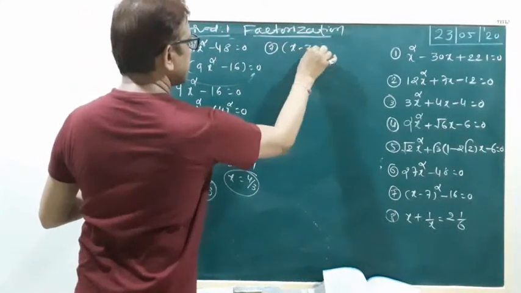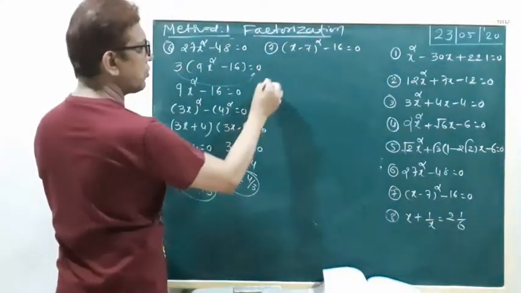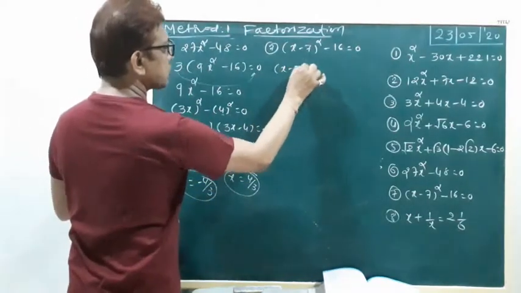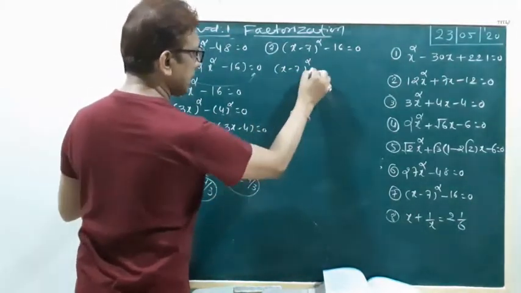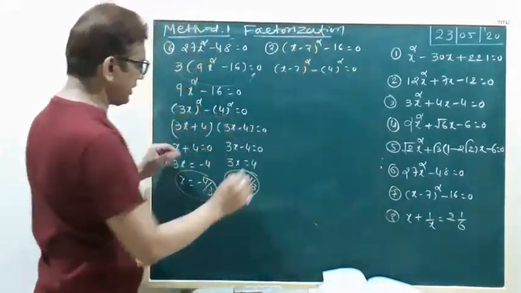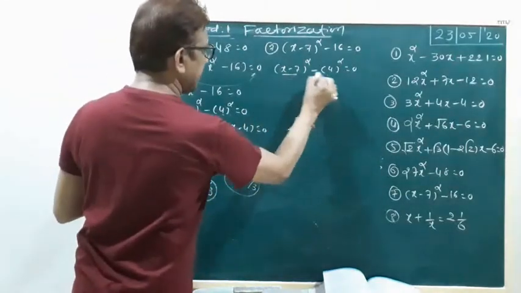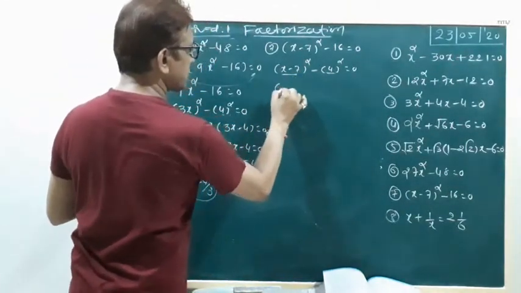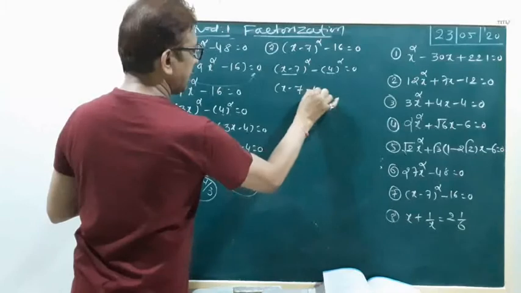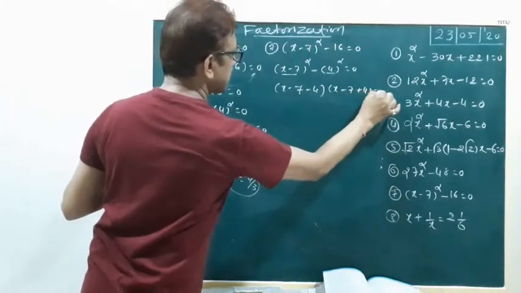Now exactly the same type of question, number 7: x minus 7 whole square minus 16 equal to 0. Here x minus 7 whole square, and 16 is the square of 4. This is your A and this is your B. A square minus B square is (A minus B)(A plus B).